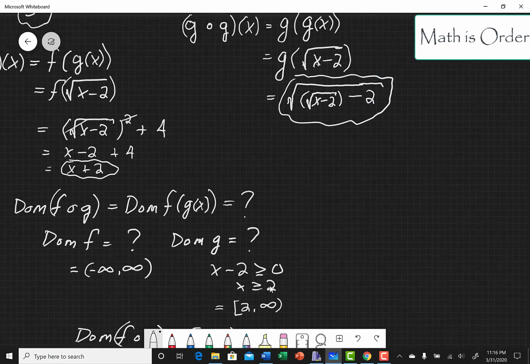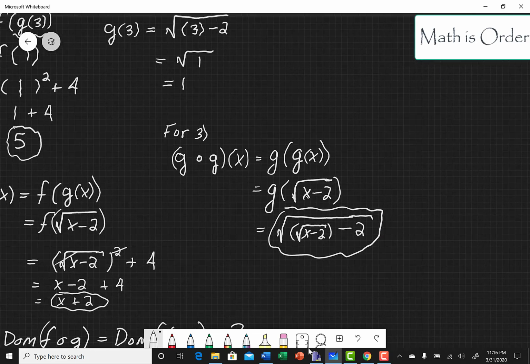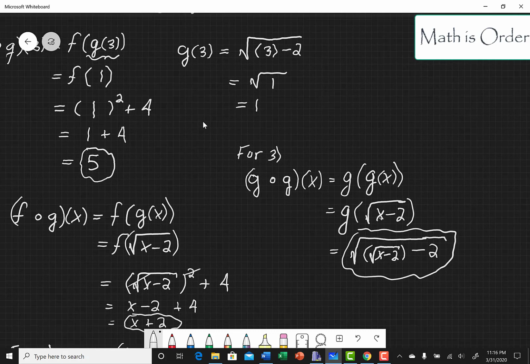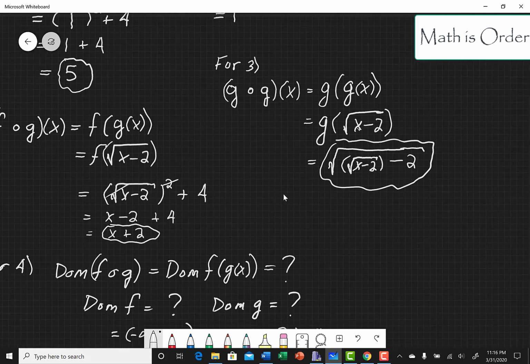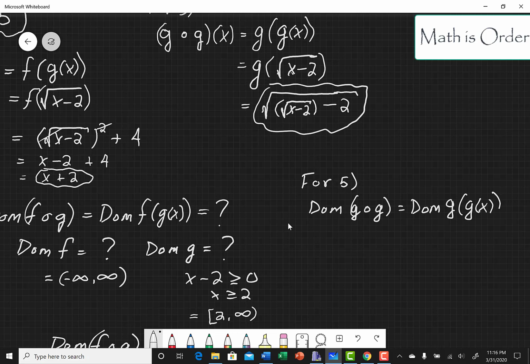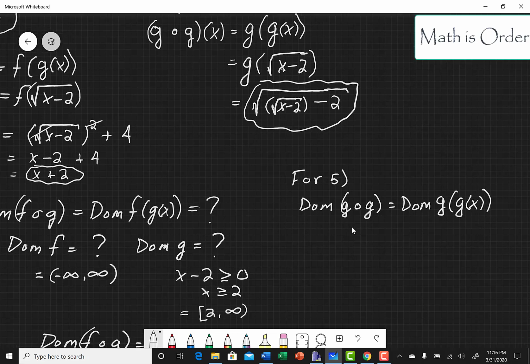All right, now let's look at number 5. We want to find the domain of the composition g composed with g. It's like saying, what is the domain of g(g(x))?